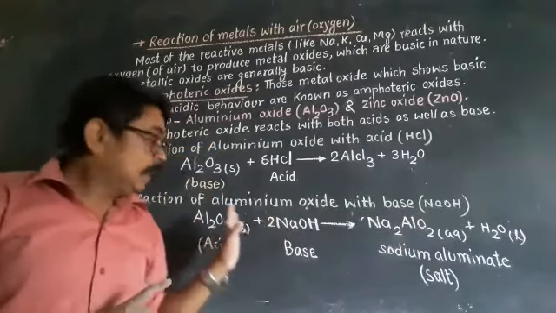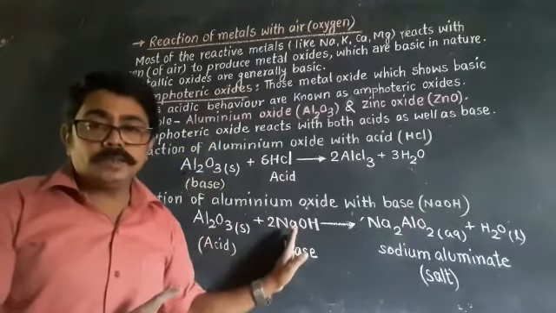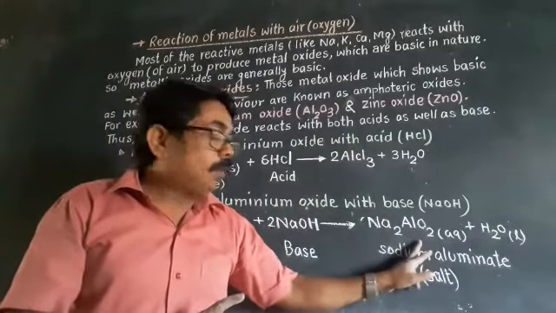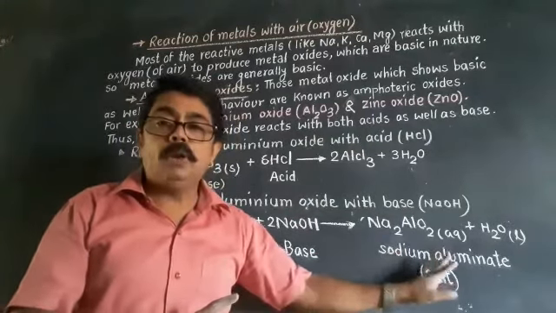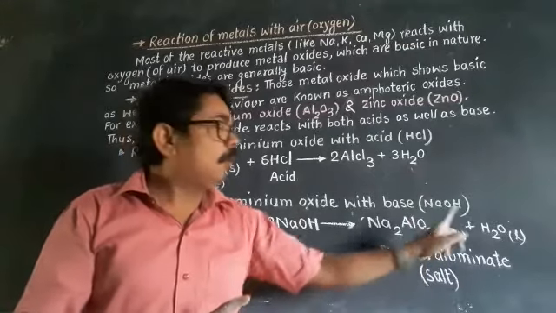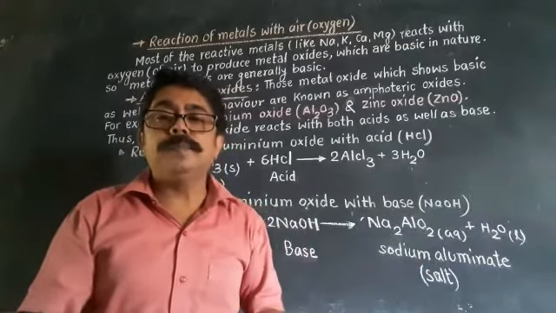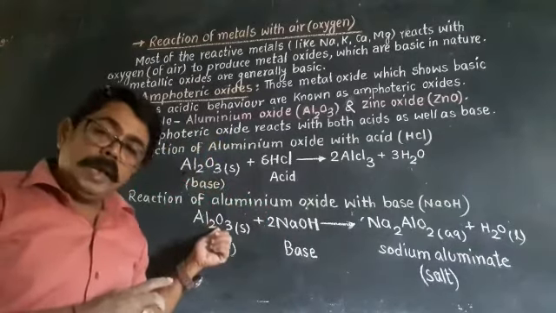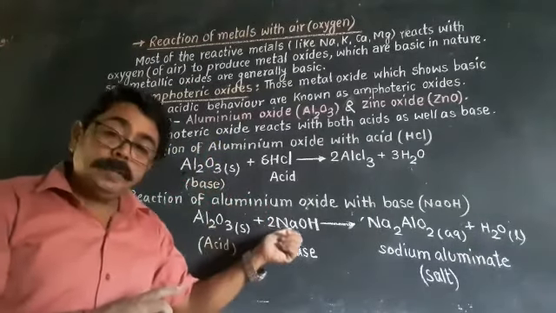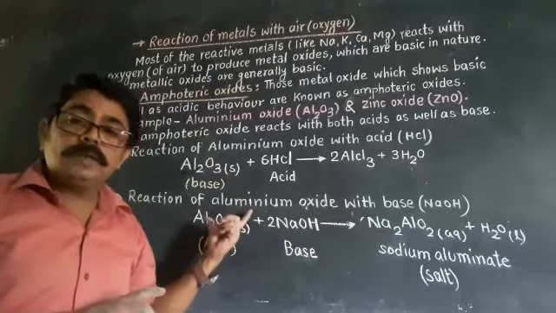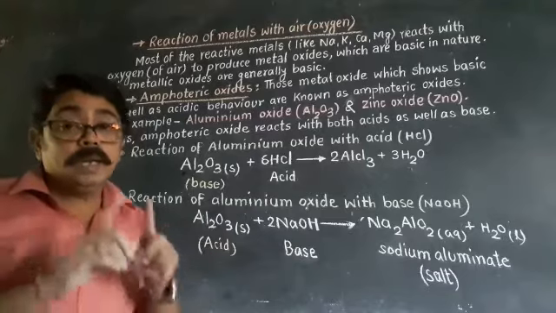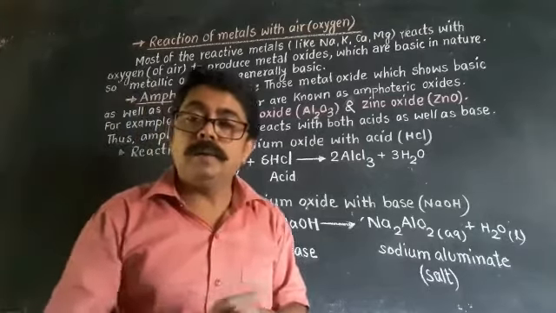This aluminum oxide reacts with base to form Na2AlO2, that is sodium aluminate, which is a salt, along with the formation of water. Now since in this reaction Al2O3 is reacting with the base, particularly in this reaction Al2O3 is showing which type of character? Acidic character. Clear?